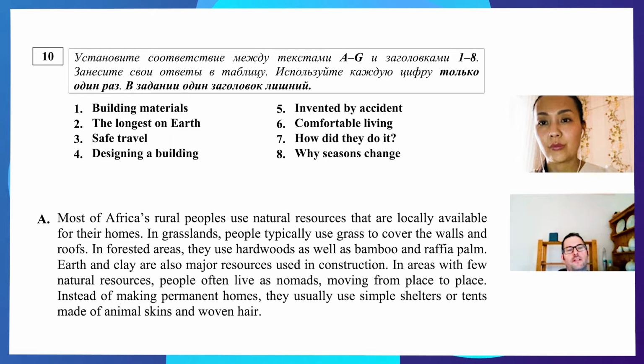In forested areas, they use hardwoods, as well as bamboo and raffia palm. Earth and clay are also major resources used in construction. In areas with few natural resources, people often live as nomads, moving from place to place. Instead of making permanent homes, they usually use simple shelters or tents made of animal skins and woven hair.